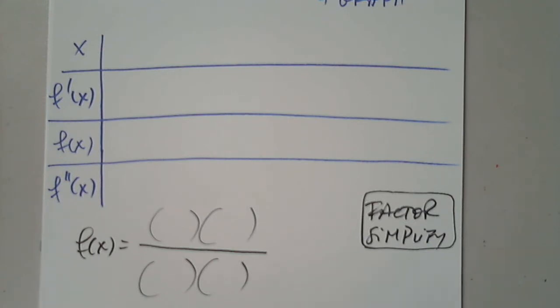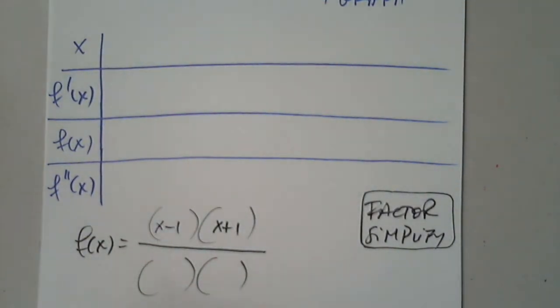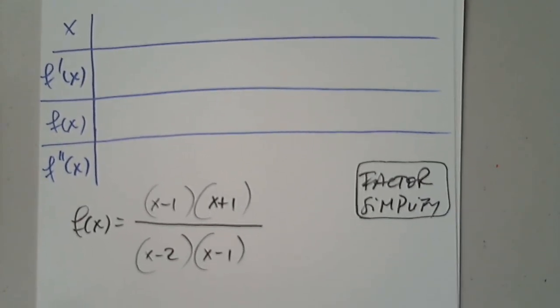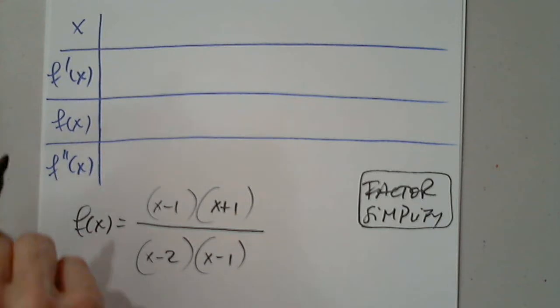Can anyone give us the factored form? X minus 1, x plus 1. Good. And x squared minus 3x plus 2 is x minus 2 times x minus 1. So x minus 2 and x minus 1. We agree with that? Everyone? Yes?